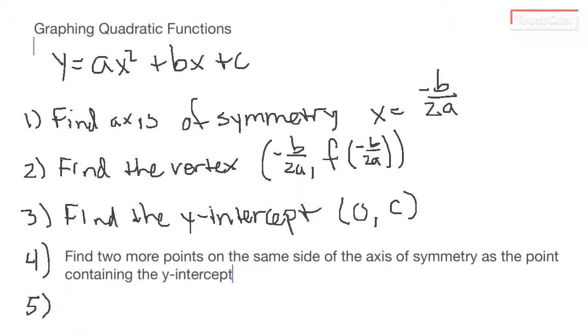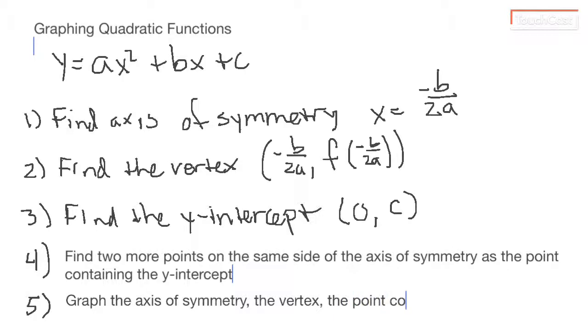Step 5 is to graph the axis of symmetry, the vertex, the point containing the y-intercept, and 2 other points. And then there is one last step, so I'm going to have to put that on our next page.